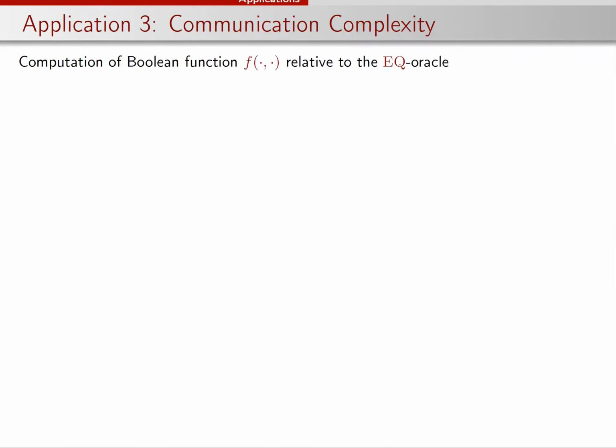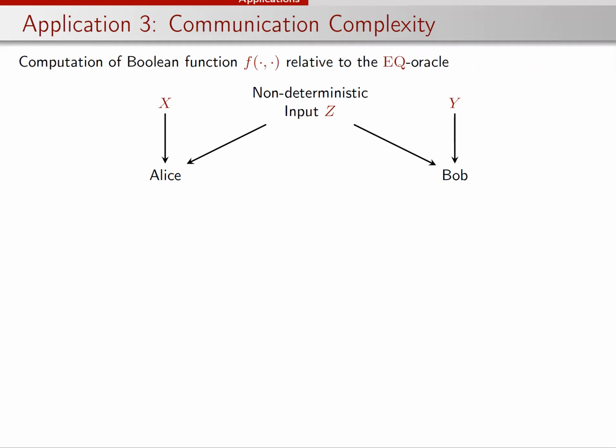And the third motivating problem is in communication complexity. Suppose we want to compute a Boolean function related to the equality oracle. So in this model, Alice has input X and Bob has input Y. They also get some non-deterministic input Z. Based on their private inputs and the non-deterministic input Z, Alice computes some X prime and Bob computes some Y prime.